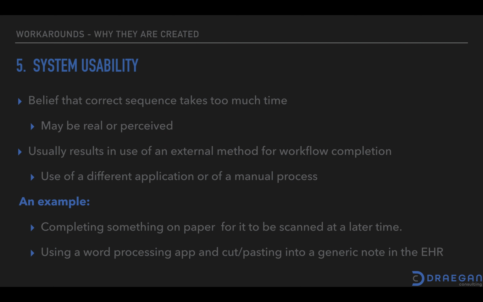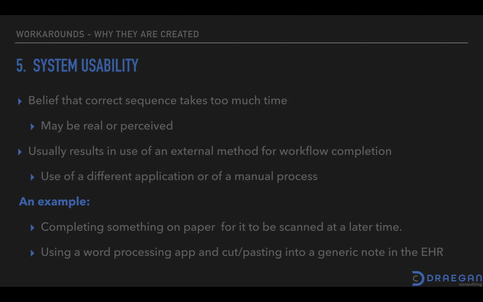Another example of this would be to use word processing apps. They can type quicker in word processing apps because they are essentially giant free text elements, and then cut and paste those into generic notes, instead of going through a structured piece of documentation in the application where each particular field needs to be answered with drop downs, radio buttons, or text. So these two things relate directly to system usability, and often this is the one that leads us to focus on the areas for optimizing.